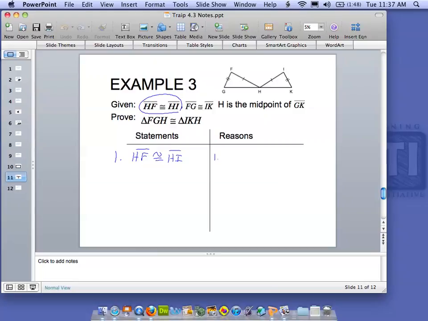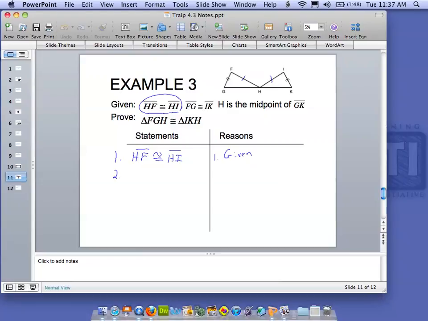And I prefer the diagram is not already marked, but in this case it is marked. So I usually make the statement, I give the reason, it was given to us, and then I go to my diagram and I would actually put the notch marks on there. It was already done for us, but I'm just going to go through it the way I would do it from really the beginning.